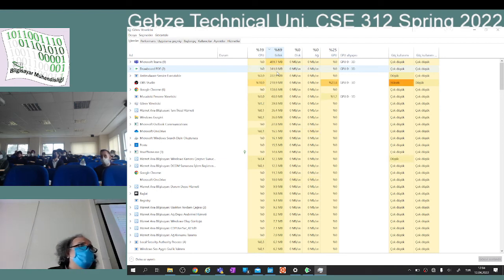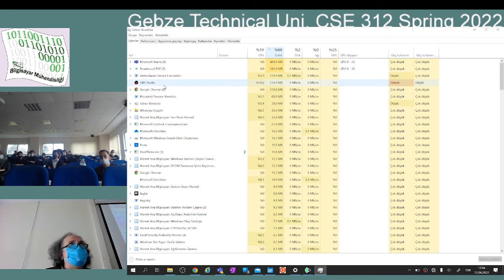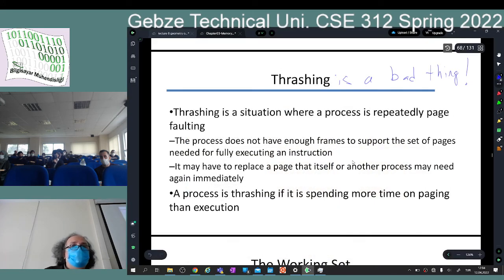So if I know how many pages Teams will need, how many pages draw board will need, how many pages this OBS Studio will need, then I could use that information to see if I run into any thrashing issue.